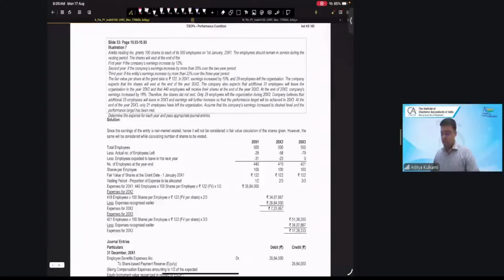Yes, go through this question, please. Company's earnings increased by 12%, more than 20, more than 22. So this one, just do this for homework. Or rather, do one thing, read it here only. If you are able to understand, well and good. Otherwise, I will help to solve this.